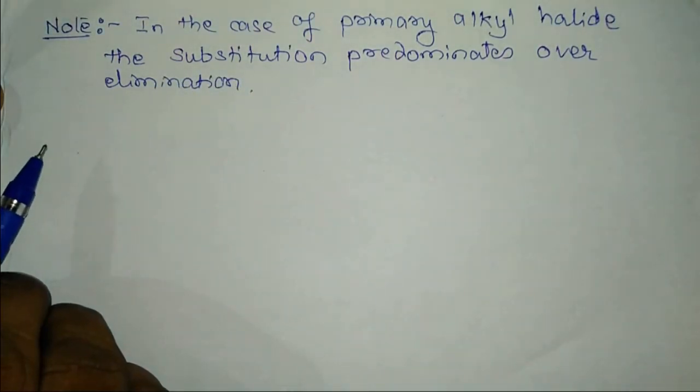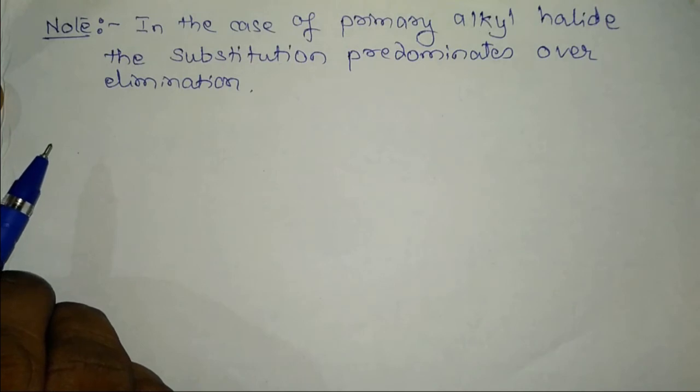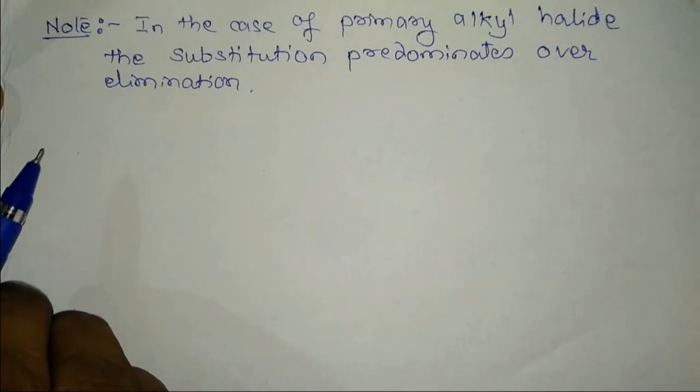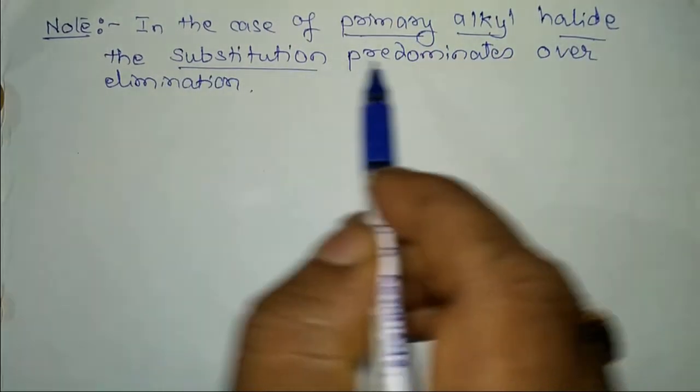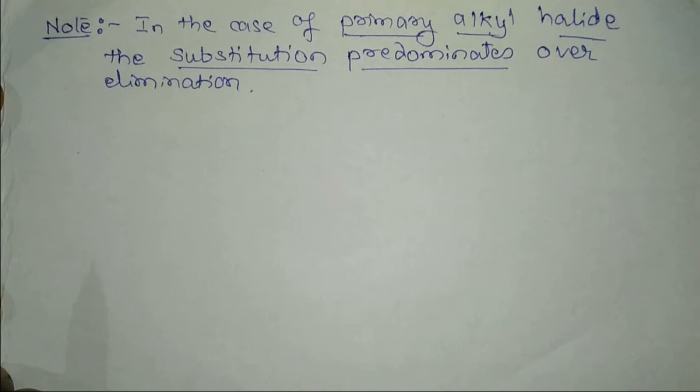That is, in Williamson's synthesis the substitution takes place through the SN2 mechanism, so if a primary alkyl halide is used, substitution takes place rather than elimination.